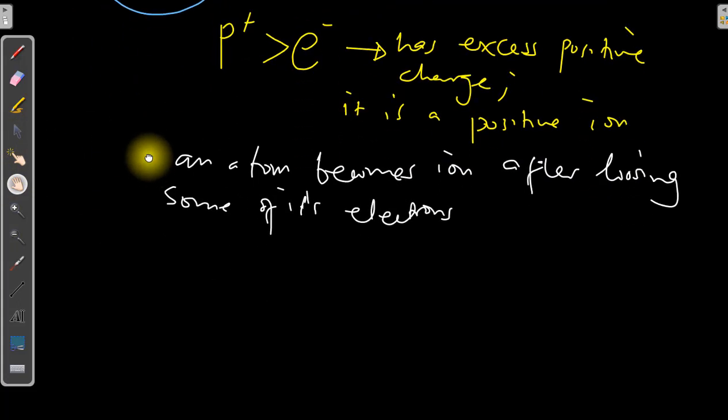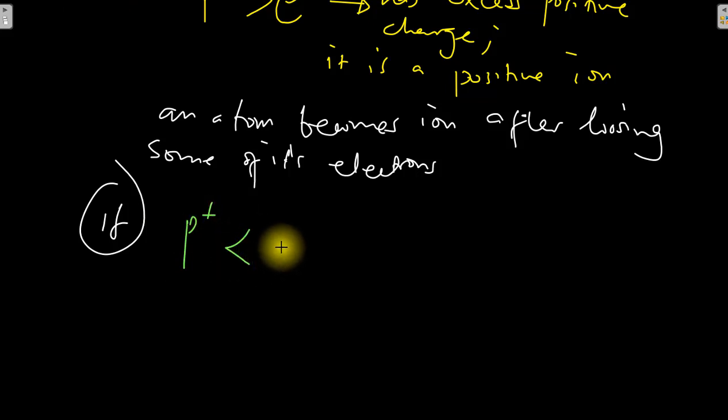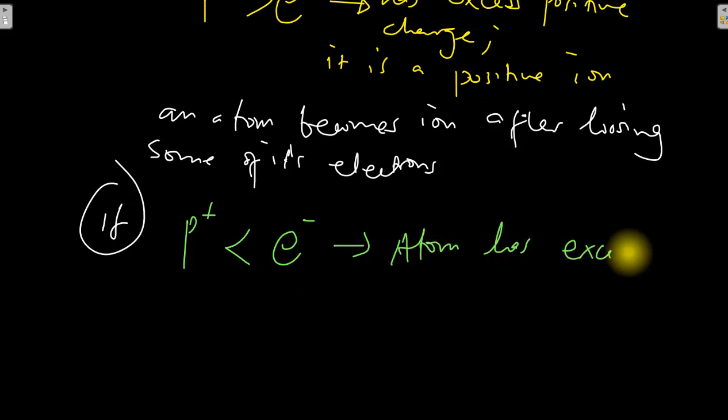Okay, let's look at the second scenario. If the number of protons is less than the number of electrons, that means the atom has excess negative charge.